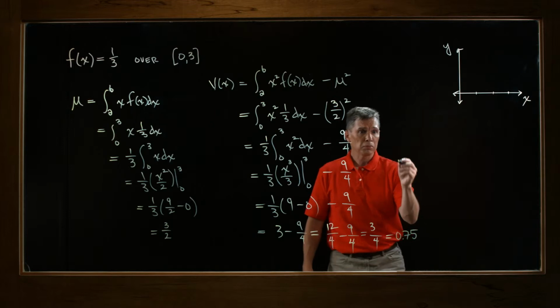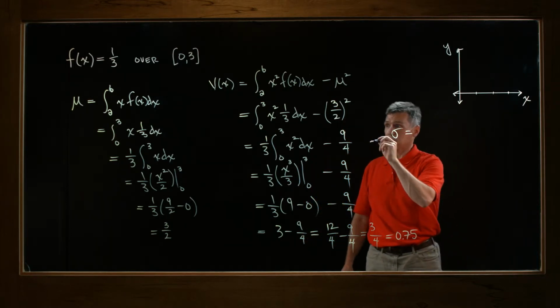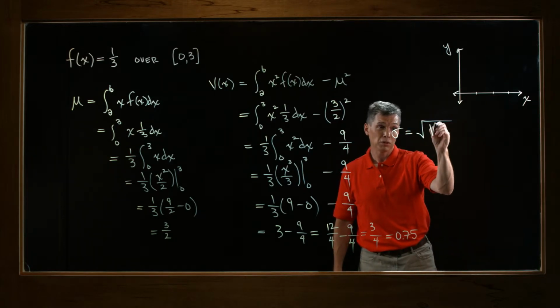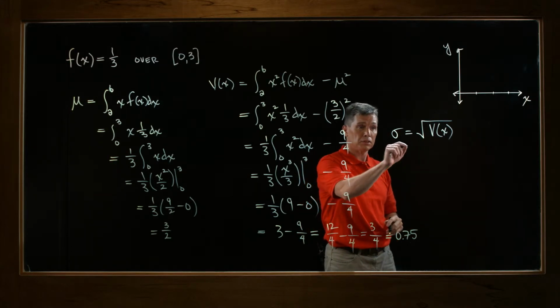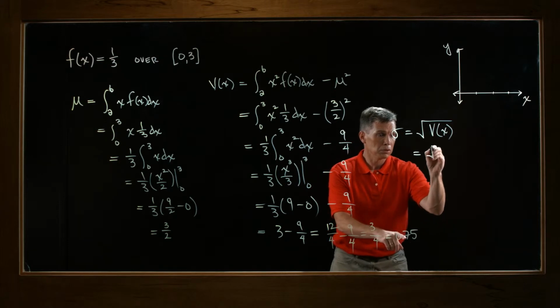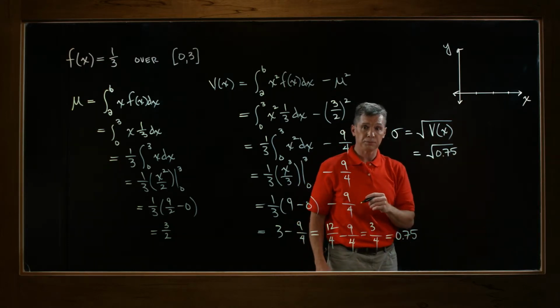And I put it in a decimal form there because our last part of the problem for evaluating is finding the standard deviation, which again, I'd start with a formula, but the formula for standard deviation is the square root of the variance. So I'm just going to take that 0.75 and put it under the square root.